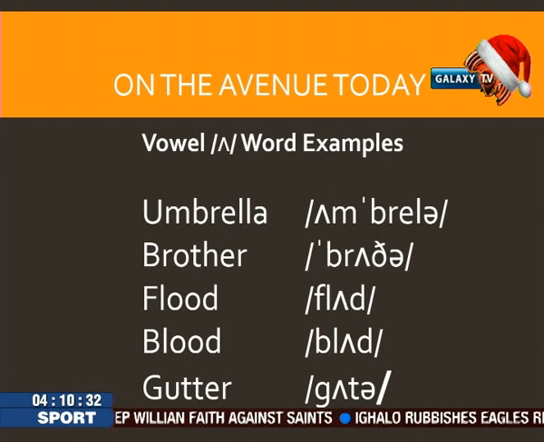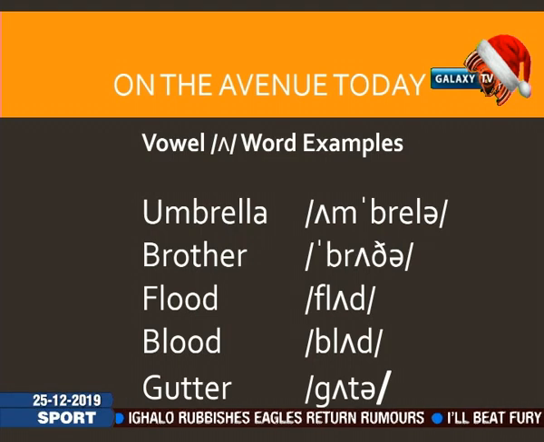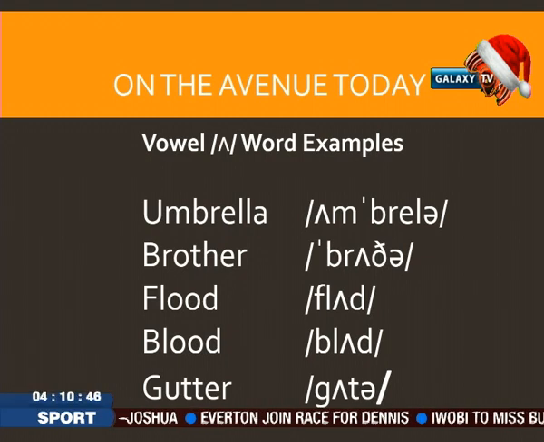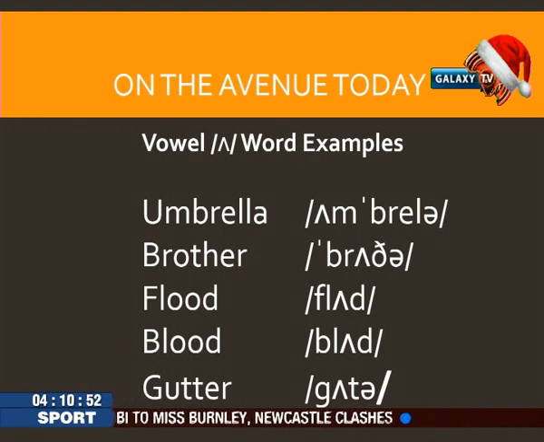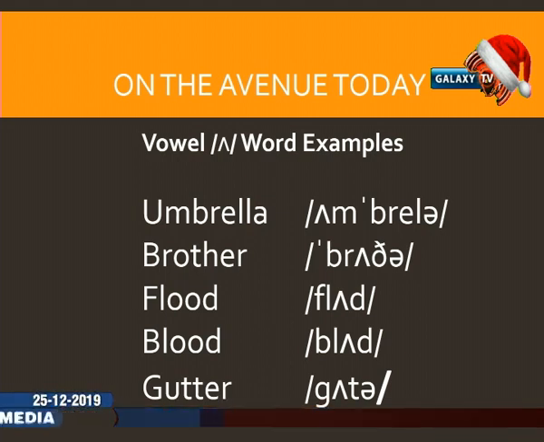So that's the short U sound there again. Then we have the next word, flood. And then we have blood. And finally, the fifth word we have there is gutter.